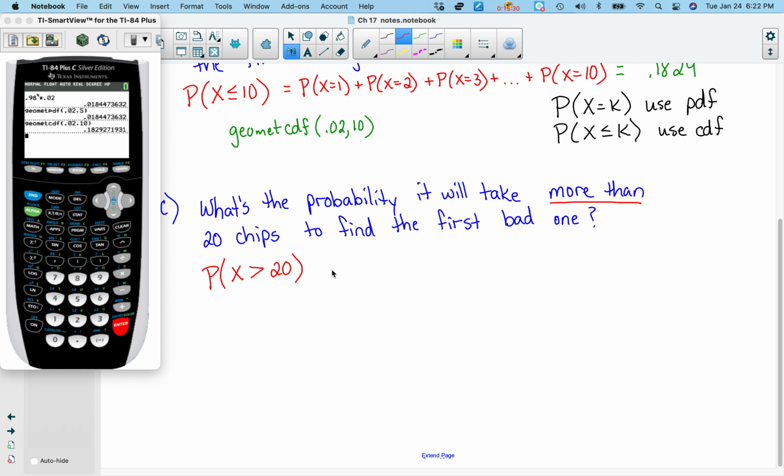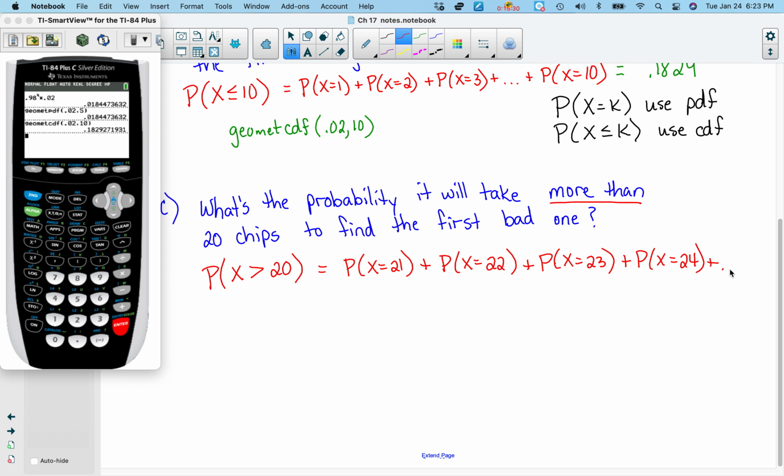So let's think about what that means. Well, that means it could be that x equals 21, or, so I would add, x might equal 22. Maybe that's when we find the first bad one. Or maybe it's x equals 23. Or maybe x equals 24.